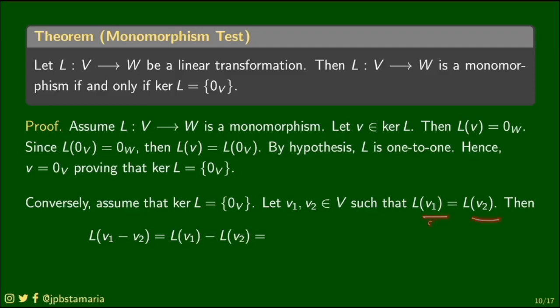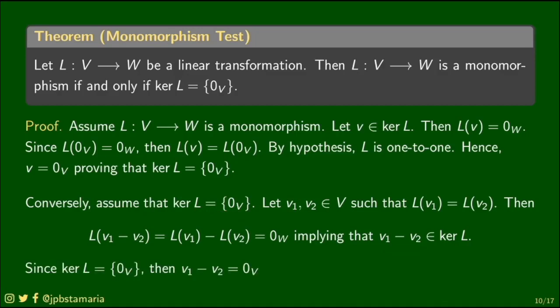But because these are equal in W, their difference is the 0 in W. That implies that V1 minus V2 is being sent to 0 by L, so the difference V1 minus V2 is in the kernel of L. But by assumption, the kernel only has one thing in it, the 0 vector. That means V1 minus V2 is actually the 0 vector, and therefore V1 is equal to V2. This proves that L is a monomorphism. That completes the proof.